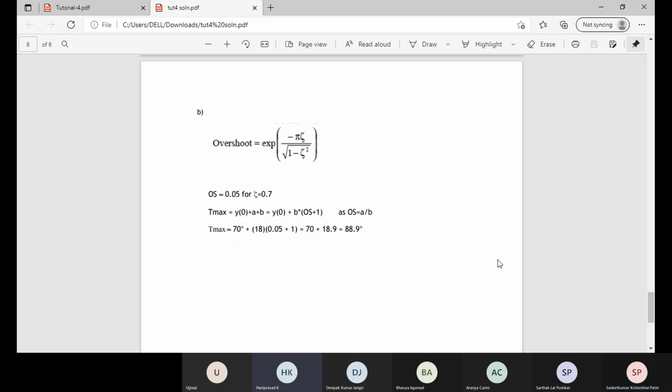So this kind of completes the questions, and if you have any queries, we can of course discuss. Otherwise we can discuss this in the next class. I think we can close the session for today.